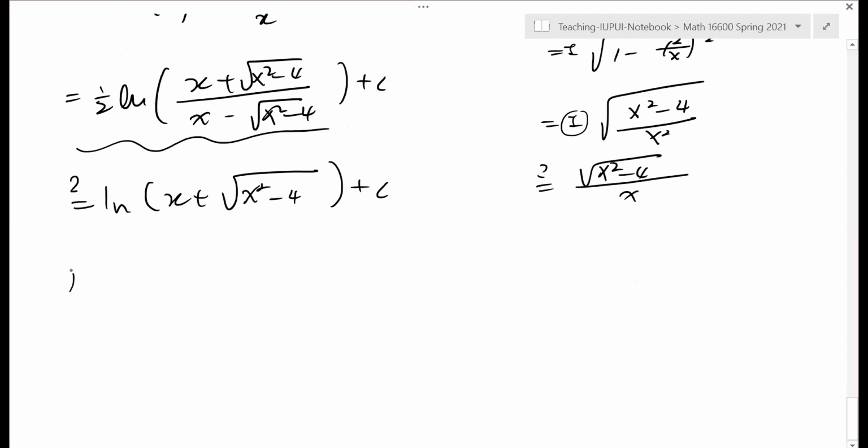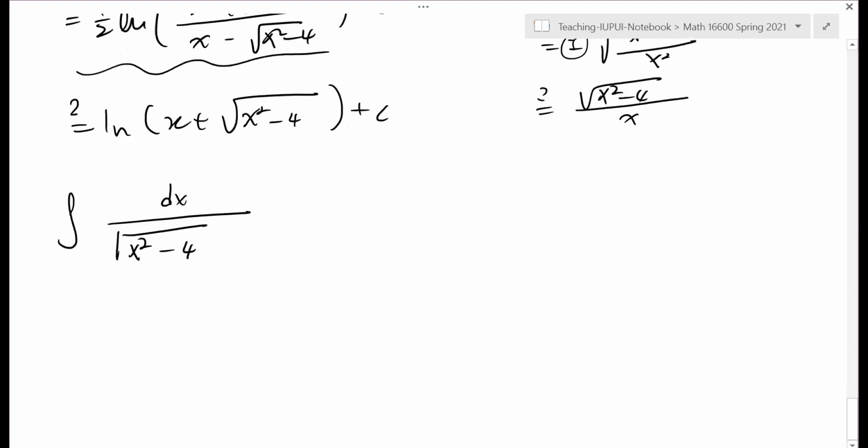I'm going to go back to this problem again. Is there any way we can solve it using another substitution? Well, we know that hyperbolic tangent x and hyperbolic sine x also have a very nice relationship. For example, we have a few identities.